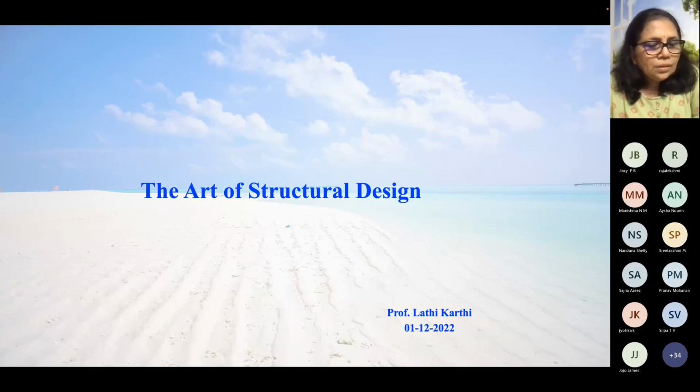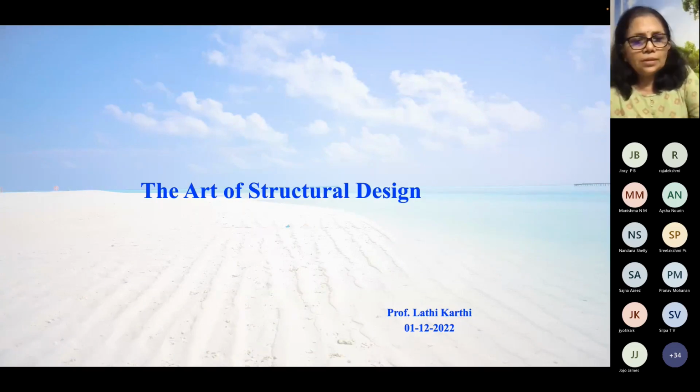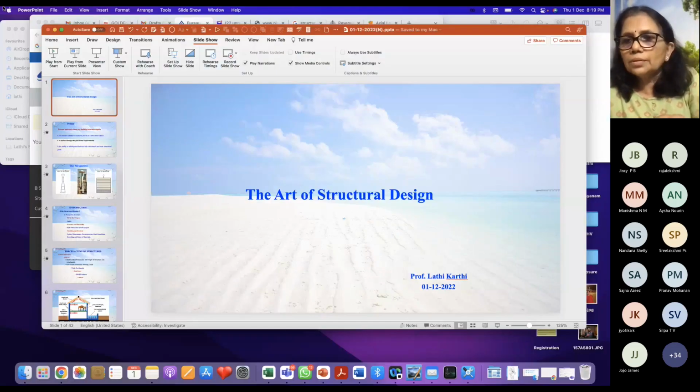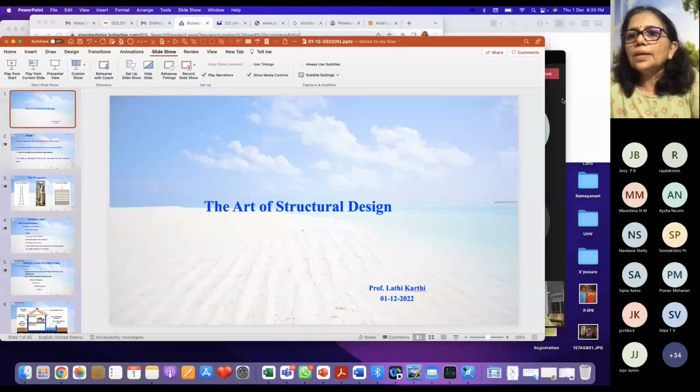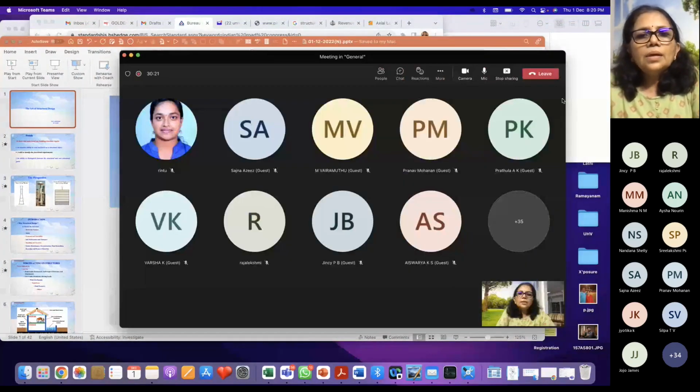Can you just name some of the structural elements you have come across? Can you unmute and tell me some structural elements which you've come across in your analysis?